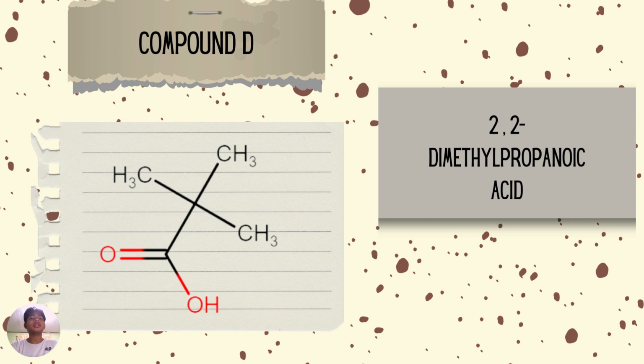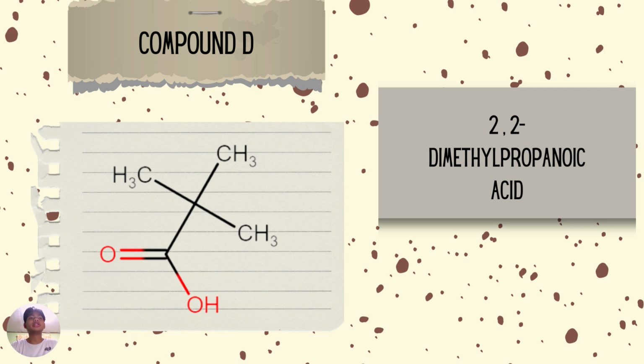For compound D, our first indicator is carboxylic acid, named 2,2-dimethyl propanoic acid. Here, it has a carbonyl group attached to the R, which is tert-butyl. Compound D is produced from compound C by the oxidation process.